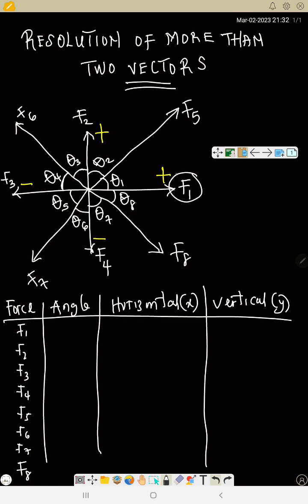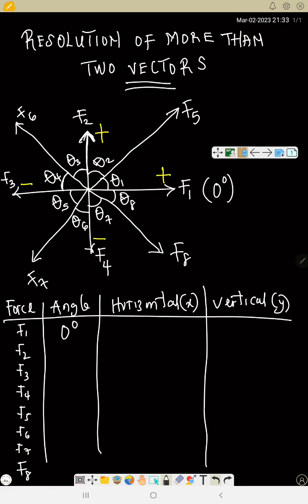You will notice that F1 and F3 lie on the horizontal, and any force that lies on the horizontal will have a special angle, and that is 0 degrees. So that means F1 we have 0 degrees, F5 we have theta 1. The angle to the horizontal is the one I'm picking, take note. Now F1 we have 0. See where F2 lies.